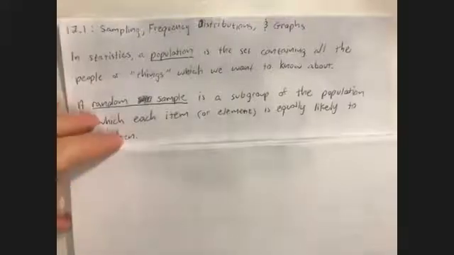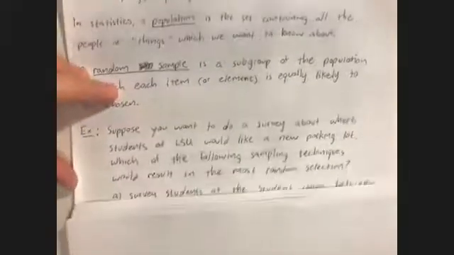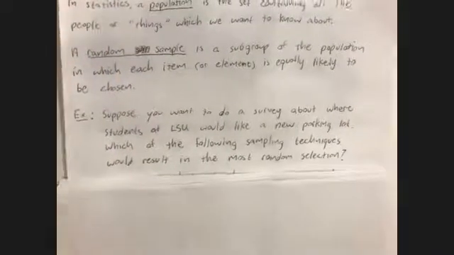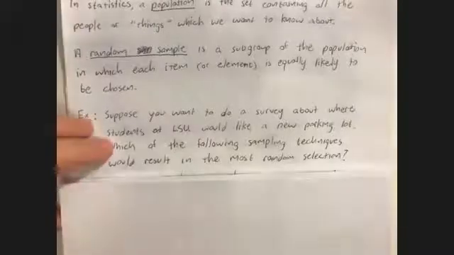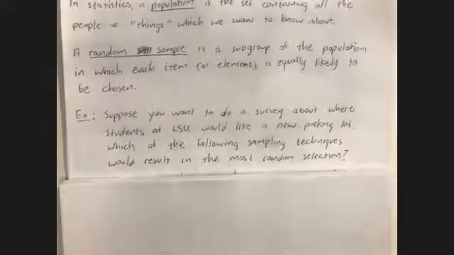So the next thing I want to look at is, let's just take a situation. Okay, we're not actually going to do this, but let's say we want to survey the students of LSU about where to put a new parking lot, maybe where they would prefer it.